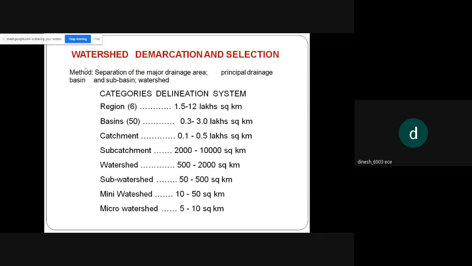So the watershed demarcation is done based upon the water delineation systems. If the water delineation system is from 1.5 to 12 lakh square kilometer, it comes under region.